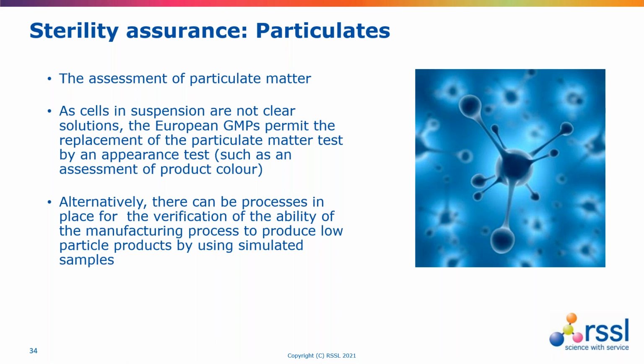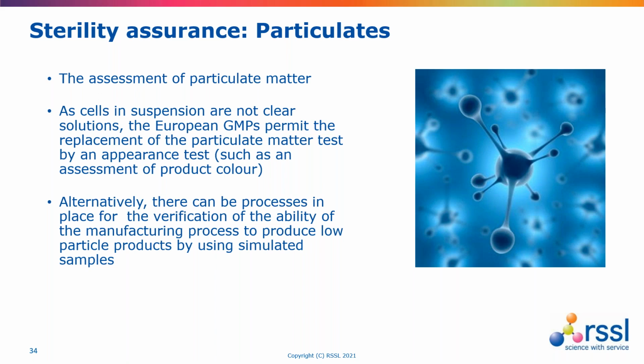So the strict requirements for free of visible particulates, this is an exception within the GMPs, but this is provided that alternative measures are put in place to control particles from materials. So this might include, for example, the filtration of raw material solutions, and other controls around manufacturing.